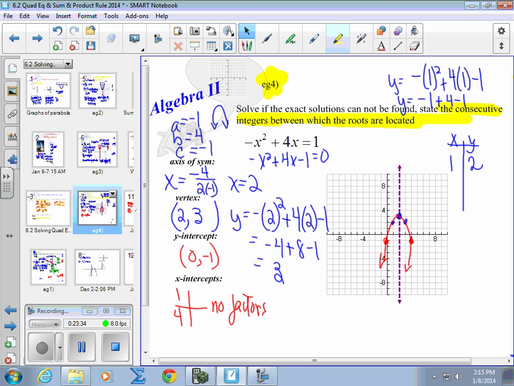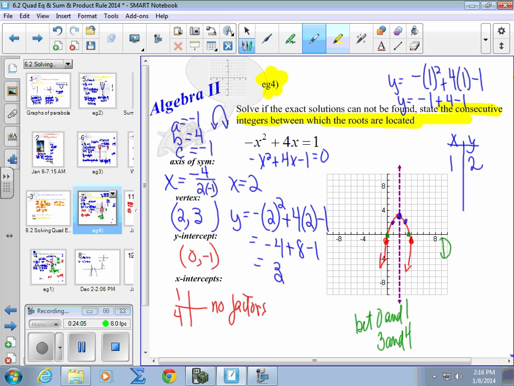These points are between numbers. So it is between 0 and 1, between 3 and 4. So when it says if the exact solutions cannot be found, state the consecutive integers between which the roots are located, that's what it means.